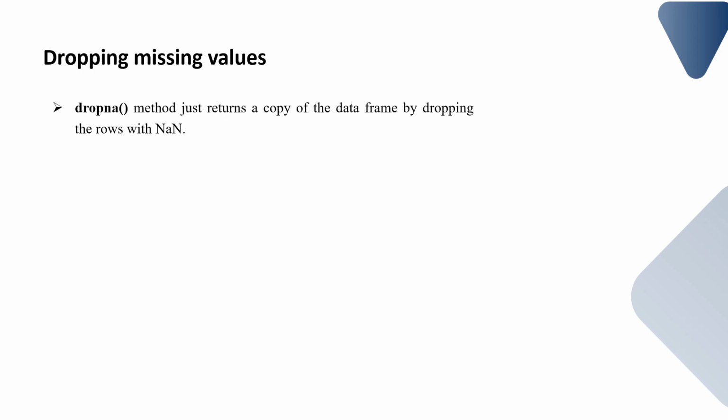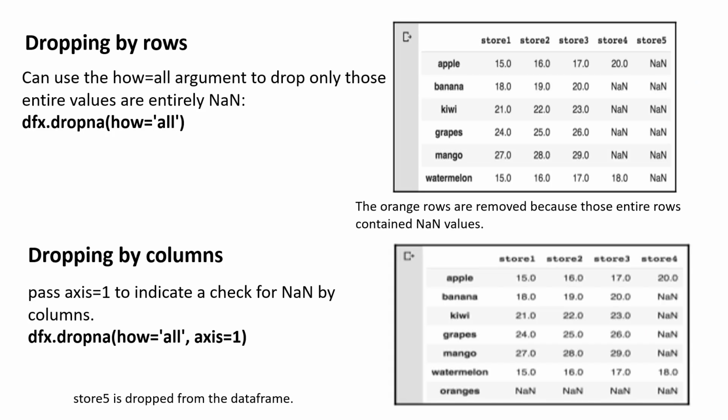The dropna method just returns a copy of the data frame by dropping the rows with None. Where the rows consist of None values, it entirely drops them by using the dropna method. The dropna method works in two ways: dropping by rows and dropping by columns. Dropping by rows means it drops the entire row that consists of NaN values.